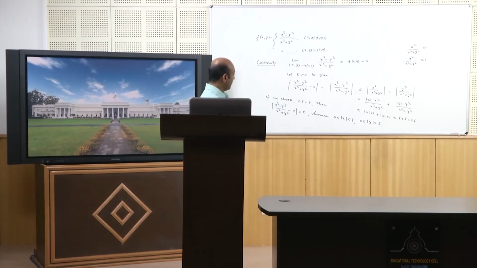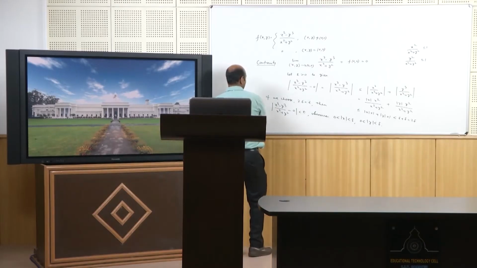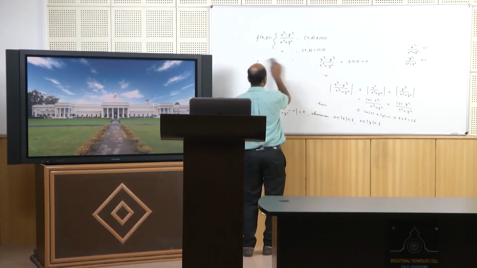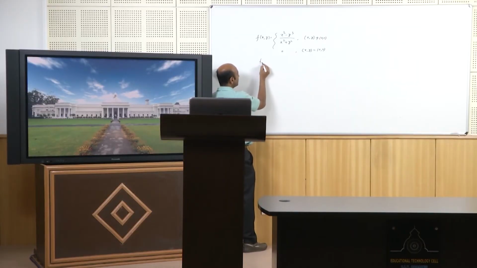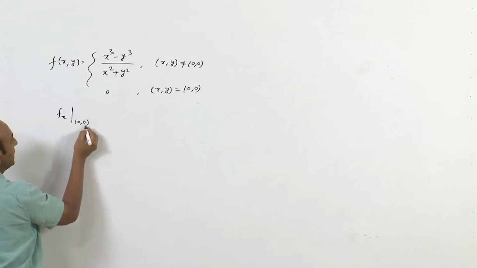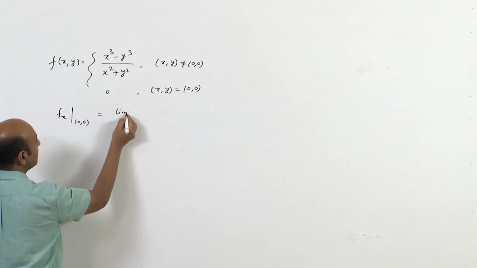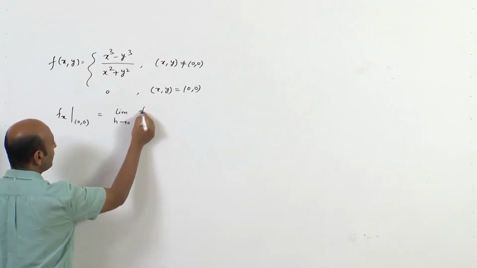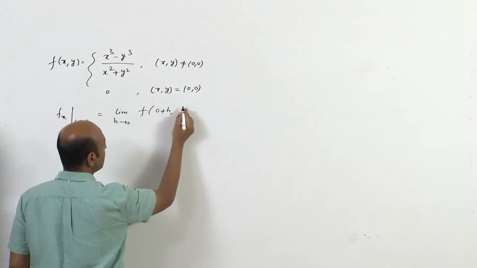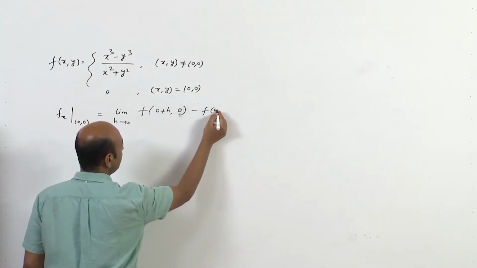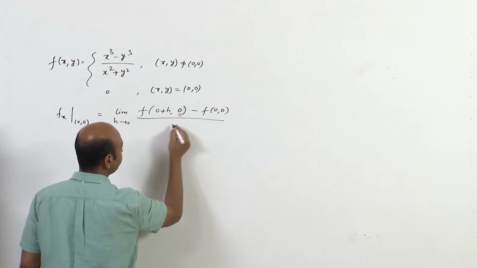Next, we have to show that the first order partial derivative exists at (0, 0). So, fx at (0, 0), by the definition, is the limit as h tends to 0 of (f(0 plus h, 0) minus f(0, 0)) upon h.